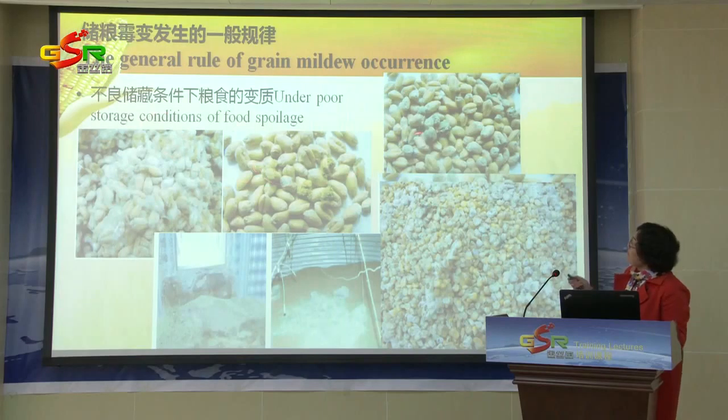There is wheat or corn. Under poor storage conditions, much wheat is polluted by molds. This one is yellow, and this is green. All this grain is not suitable to eat.